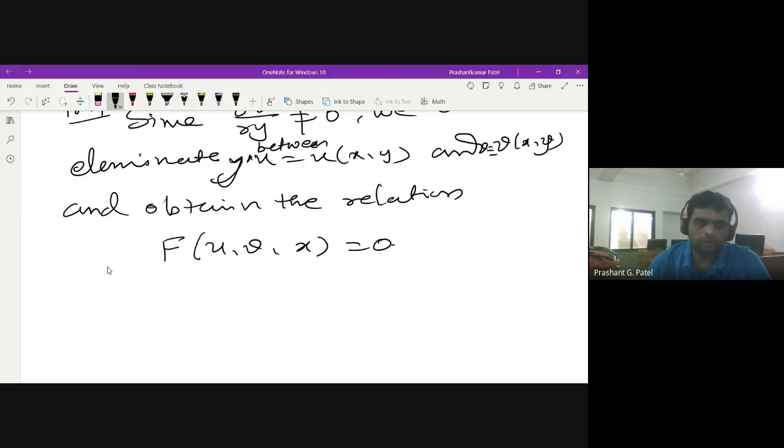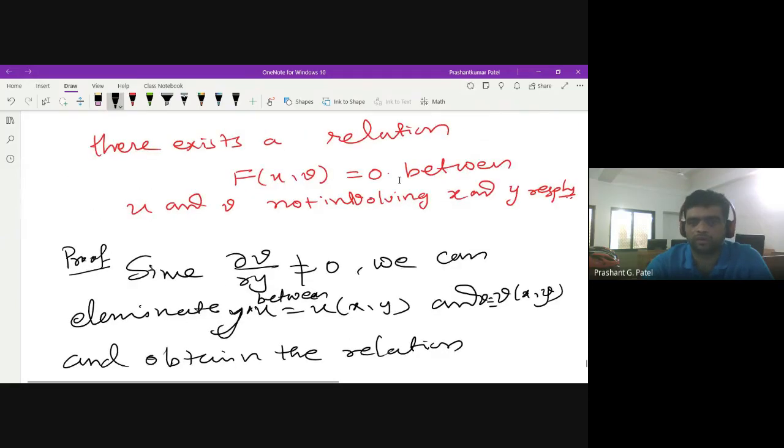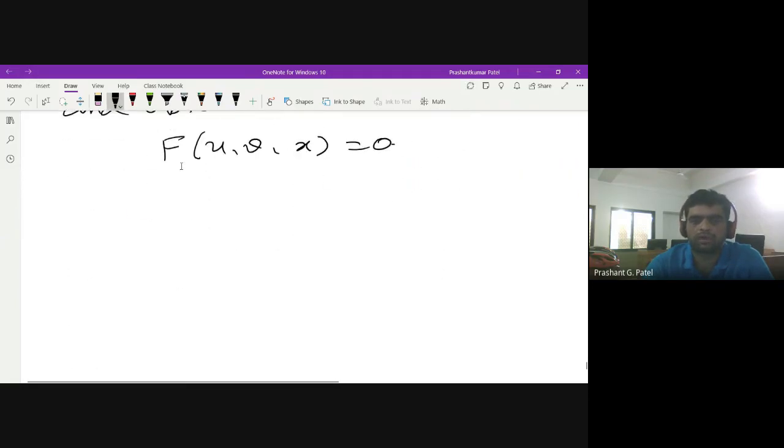We will now show that this F does not depend on x, and that leads to the expression F(u,v) = 0. So our objective is to prove that this F function is independent of x and y.